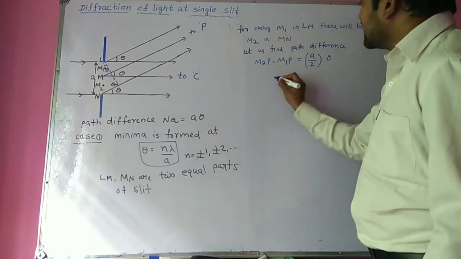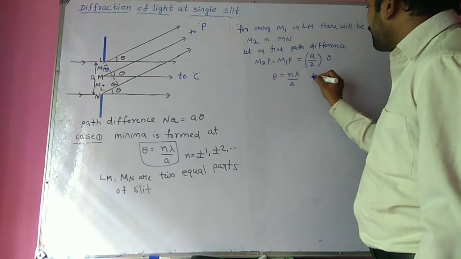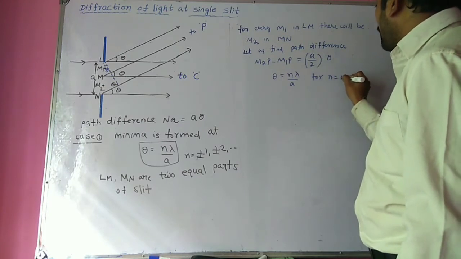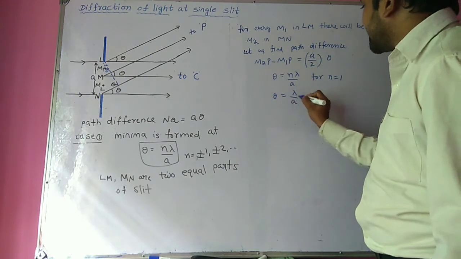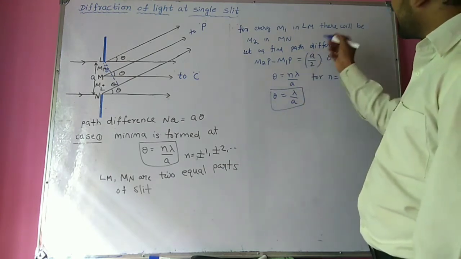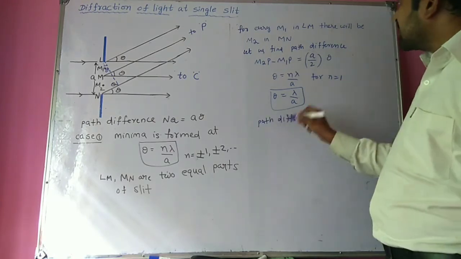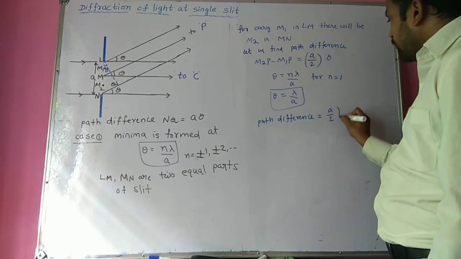So from that, if theta is equal to n lambda by A, for n equal to 1, theta is equal to lambda by A. Theta is equal to lambda by A for n equal to 1. Now let us calculate the path difference. Then the path difference is A by 2 into theta.